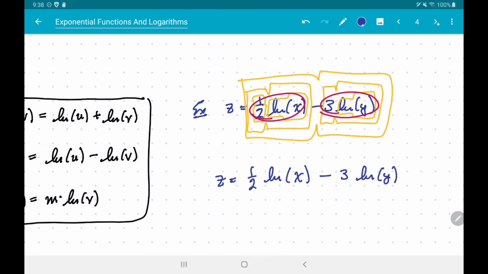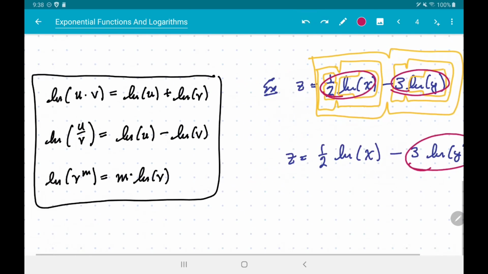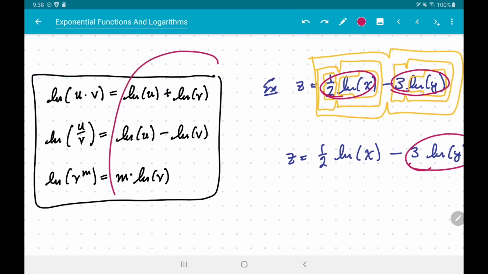And let's focus first on, say, this. That's a small substructure of this overall algebraic formula. Now, looking at the right-hand sides of this table of formulas, which one could we possibly use?